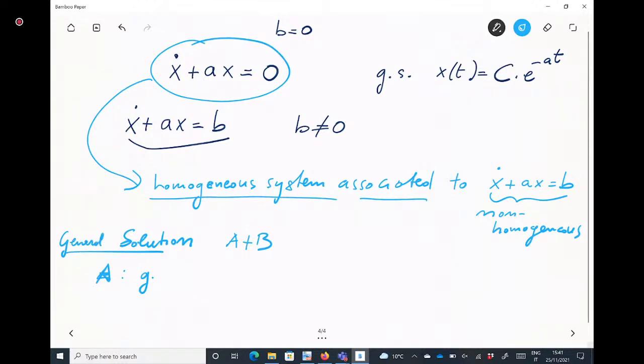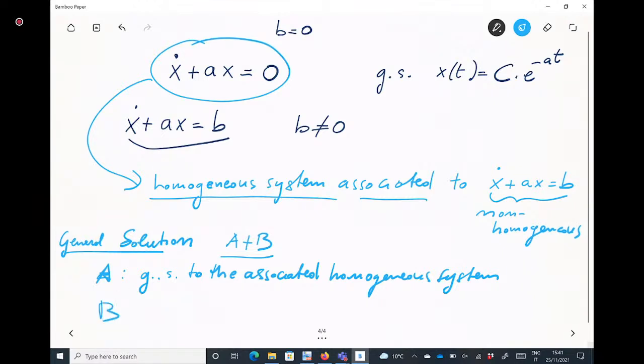The general solution to a linear system of any type is made of two parts. A is the general solution to the associated homogeneous system. Sometimes it is very easy to find, because we have 0 here.